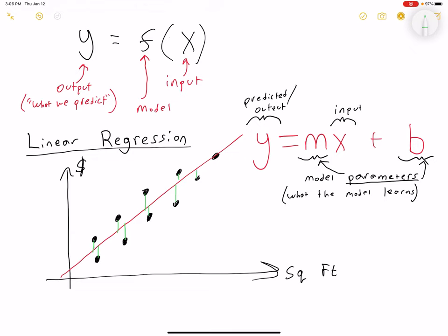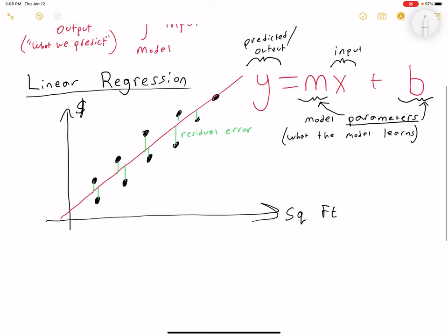And the distance from each point to the line is called the residual error. And we want to minimize the residual error for all data points. We want to find the line that has the lowest residual error.